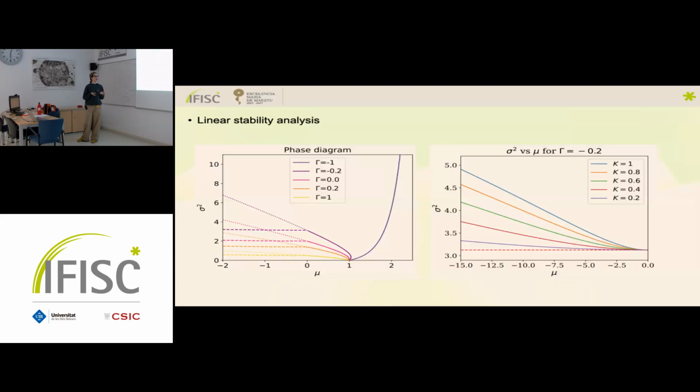Then going a little bit more in depth with this study, we actually saw that, I here show only the case for gamma equal to minus 0.2, but basically it is the same type of behavior for all the gamma that we study.